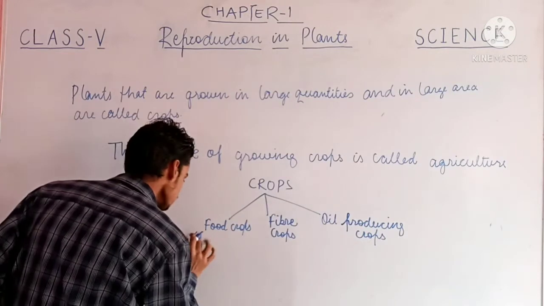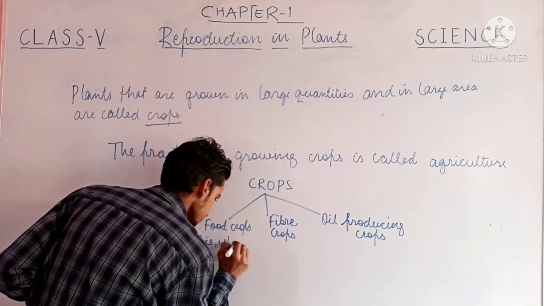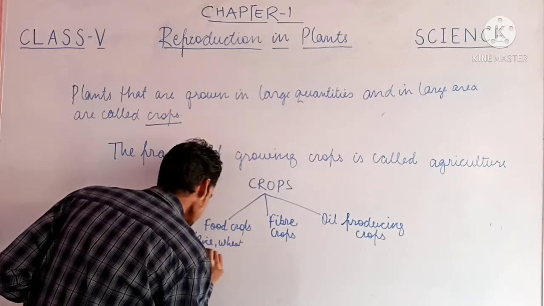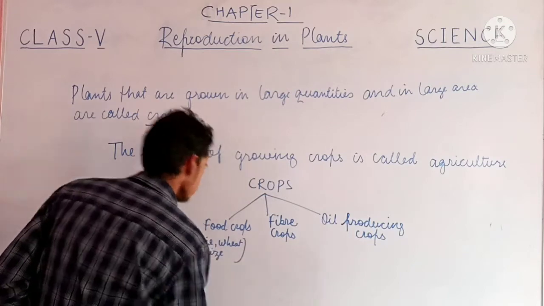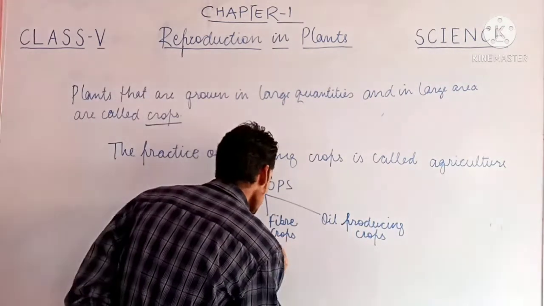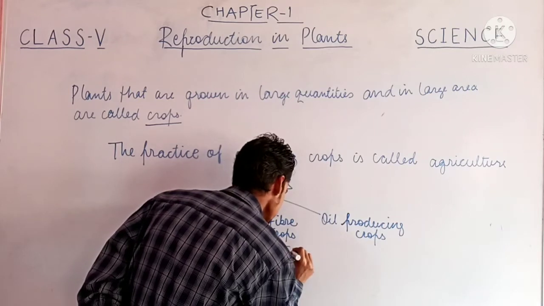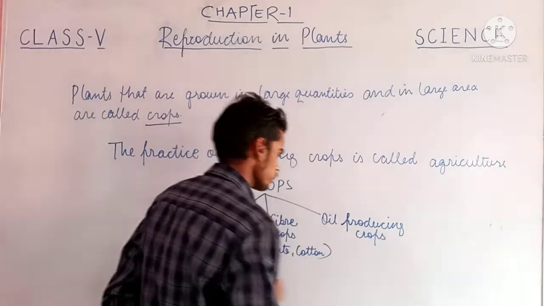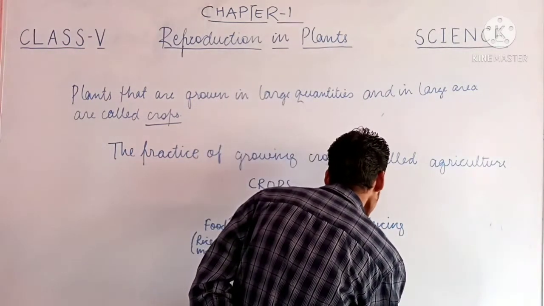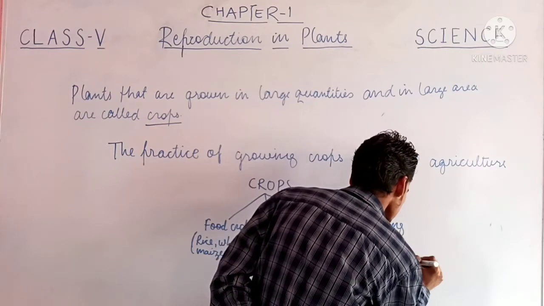Examples of food crops are rice, wheat, maize. Fiber crops are jute and cotton, and oil producing crops are mustard and soybean.